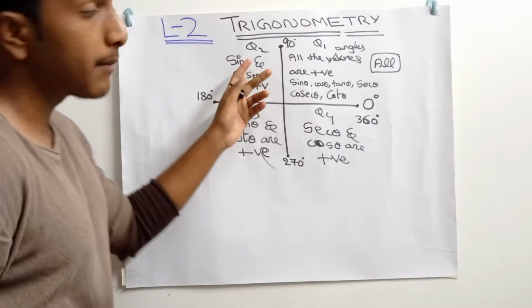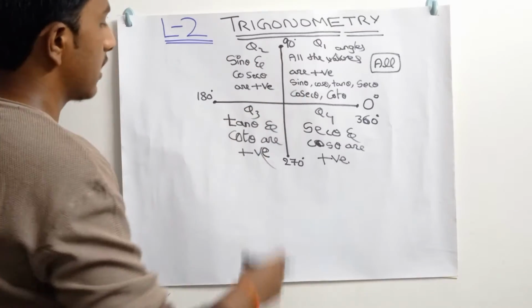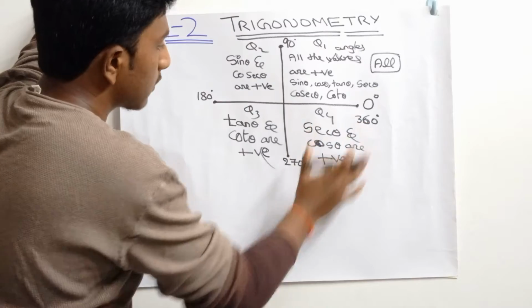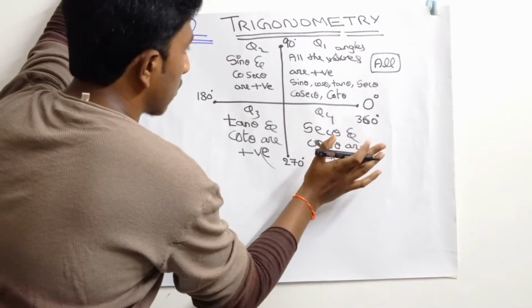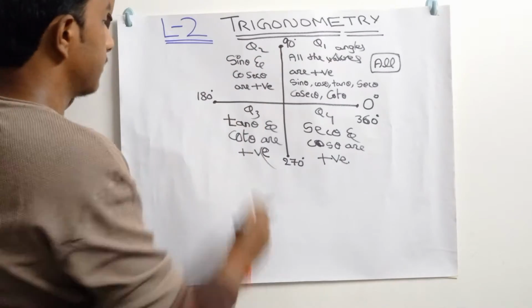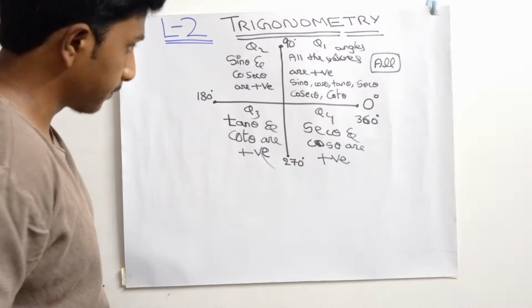In the second quadrant, sin theta and cosecant theta are positive. In the third quadrant, tan theta and cot theta are positive. In the fourth quadrant, secant theta and cos theta are positive. Here all, here sin theta, here tan theta, here cos theta and secant theta, and here cot theta again.